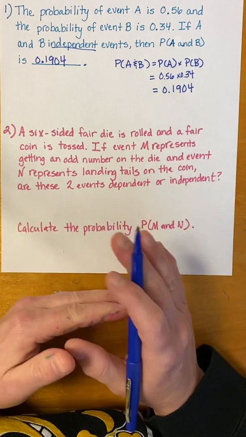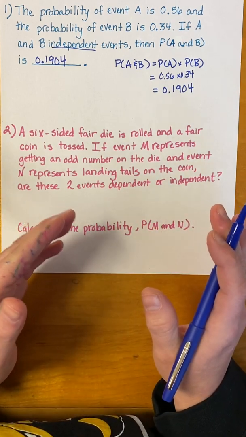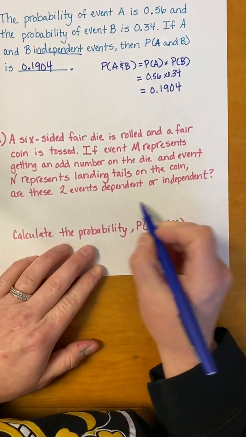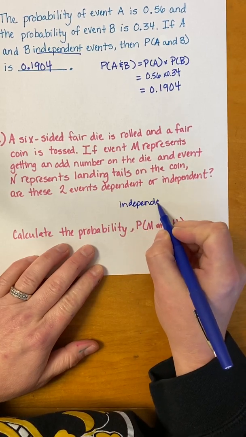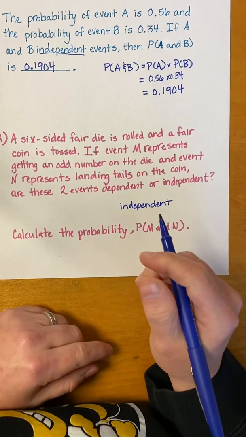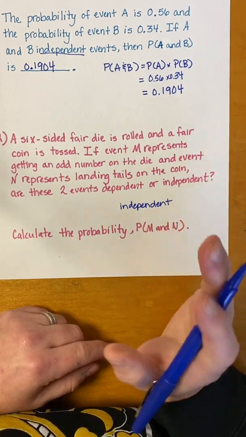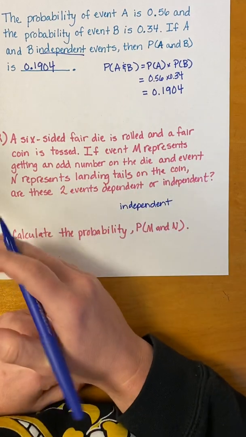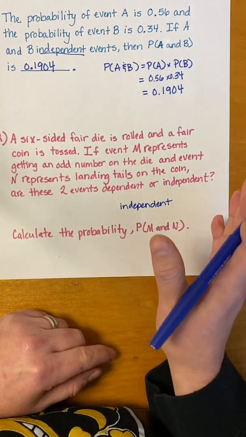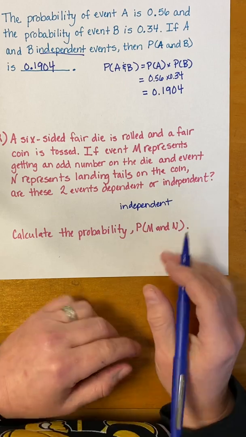The answer is no. They have no effect on each other. Therefore, they are independent. One probability is not affected by what happens with the other event. Me rolling a 6 has nothing to do with what I'm going to get when I flip a coin.